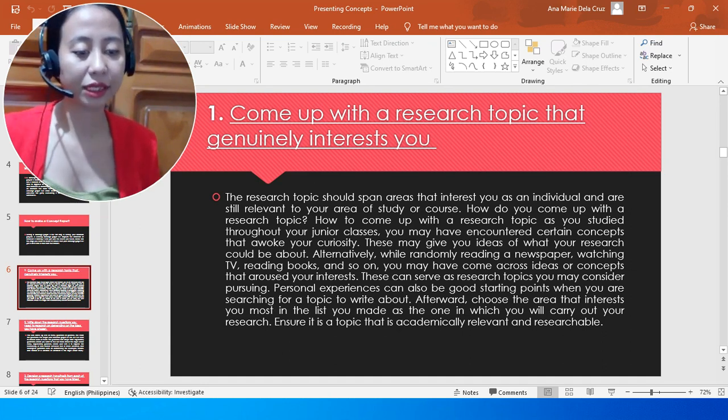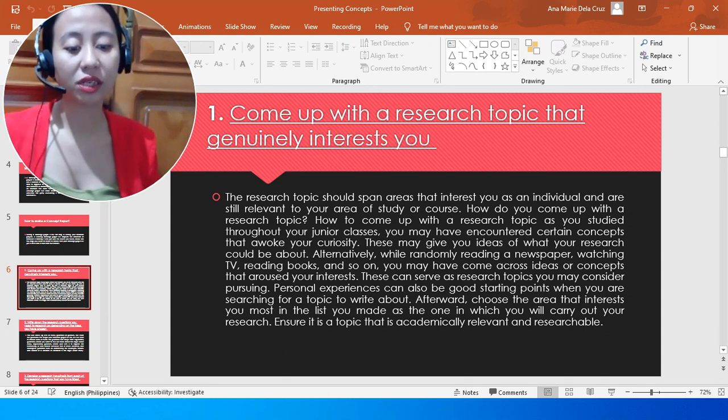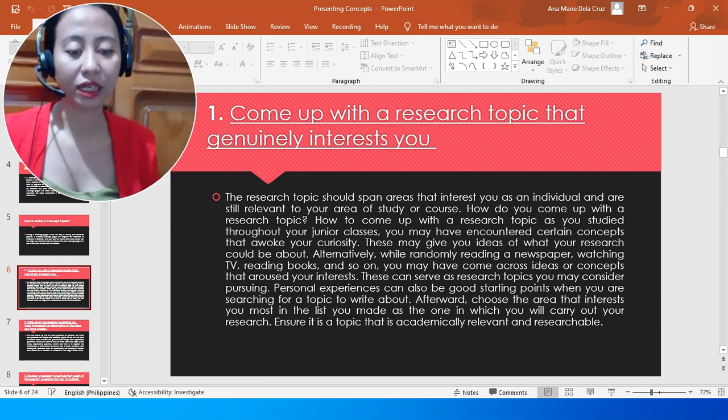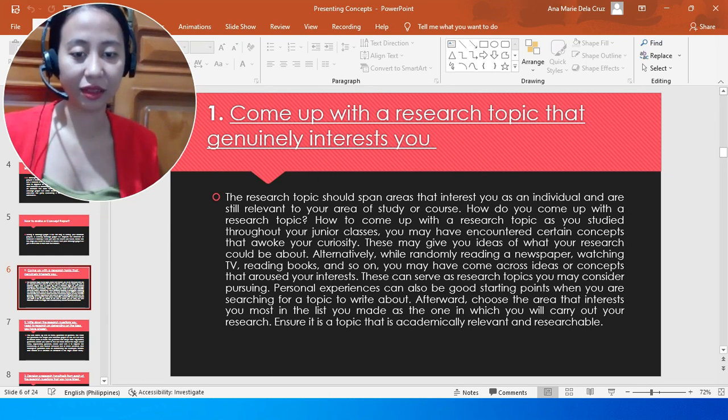Personal experiences can also be good starting points when you are searching for a topic to write about. Afterward, choose the area that interests you most in the list you made as the one in which you will carry out your research. Ensure it is a topic that is academically relevant and researchable.